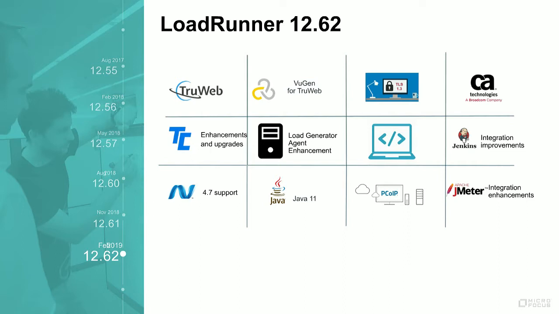And so we continued that momentum with TrueWeb and some critical integrations with TrueWeb within Vuegen as well. We did True Client enhancements, added support for some newer versions of .NET and Java. We did a really key and neat integration with CA, and we brought some highlights to some key functionality that will bring down the amount of maintenance that you have to do.